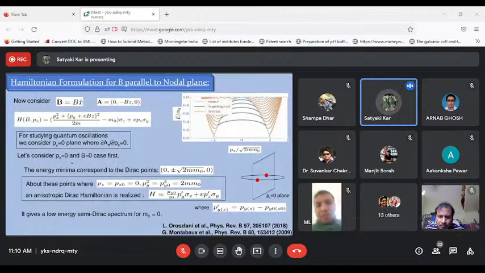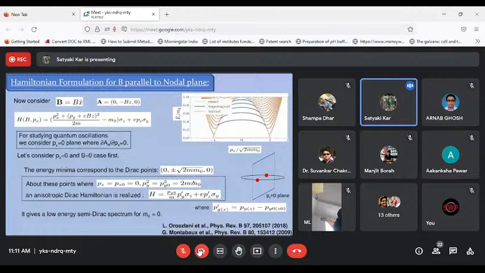So we put Kx or Px equals 0 in this problem, and then see that the Hamiltonian, first of all for B equals 0, has some energy minima at these 2 points. Those are Dirac points because of this linear crossing of the conduction and valence band. About those 2 points, the Hamiltonian is like an anisotropic Dirac Hamiltonian that you can find in the section like this.